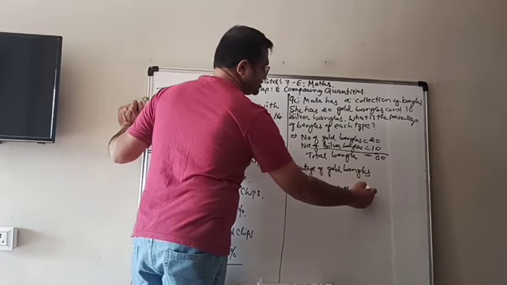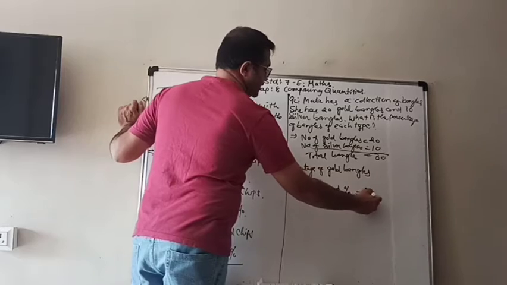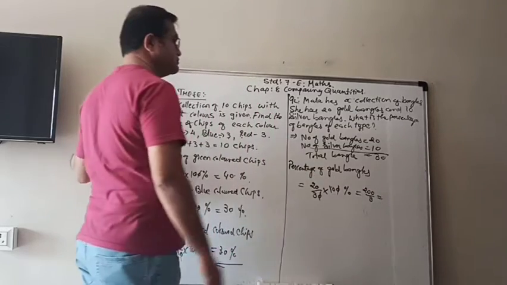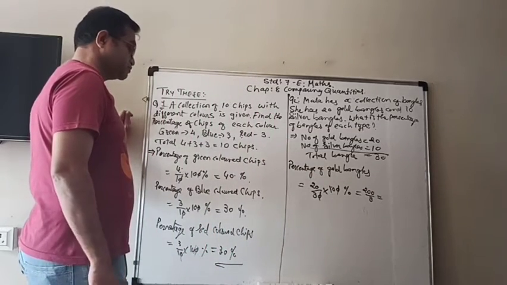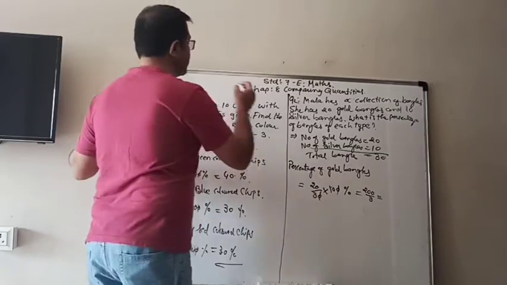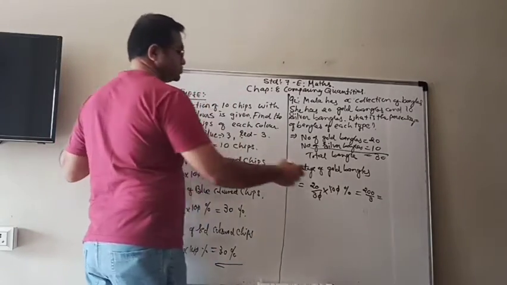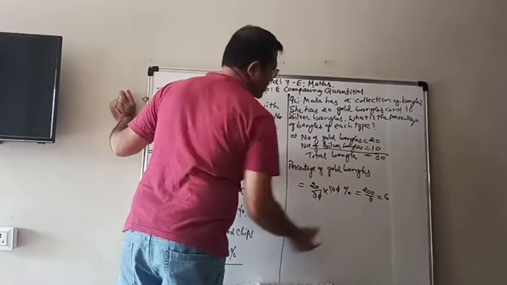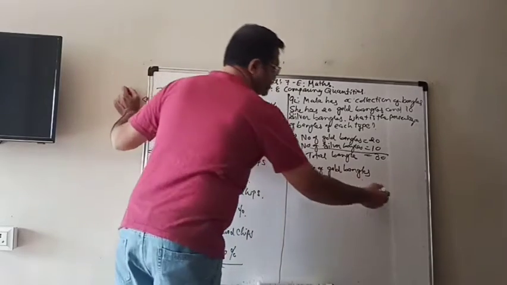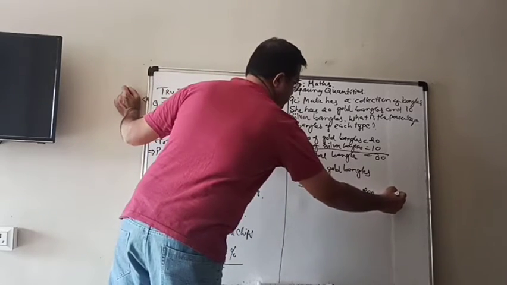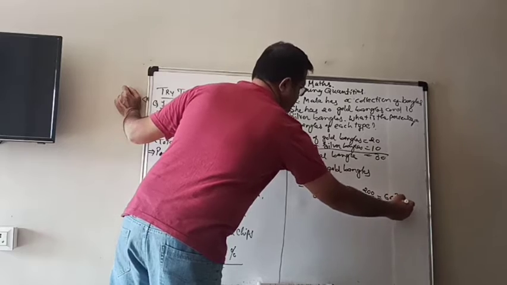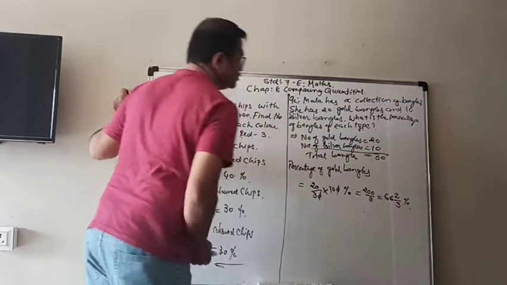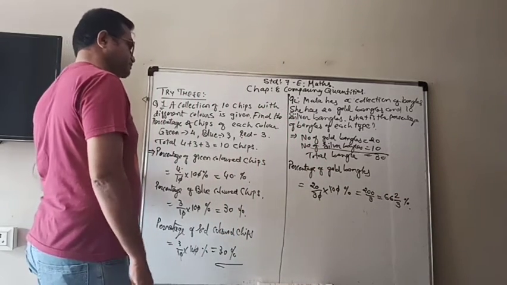So 200 upon 3. Then you have to write it in mixed fraction. 200 divided by 3. So 3 6s are 18. So 66 integer 2 by 3%.